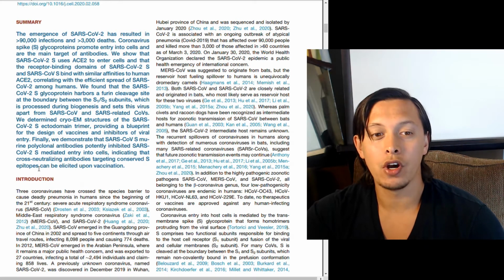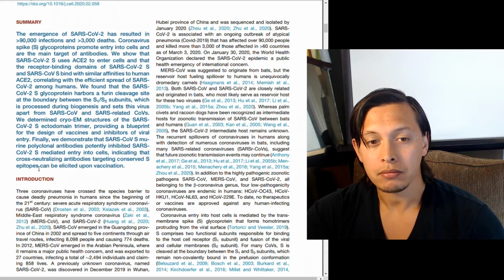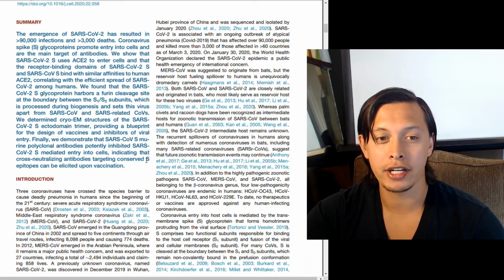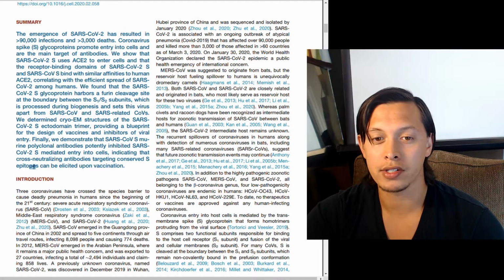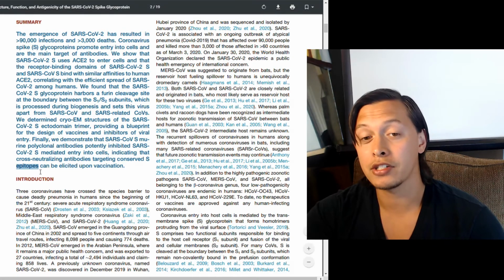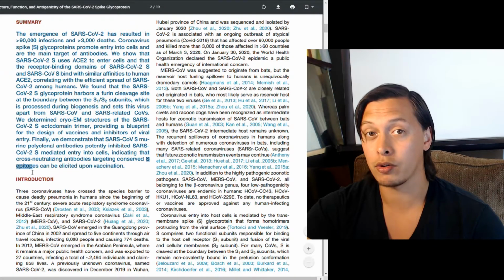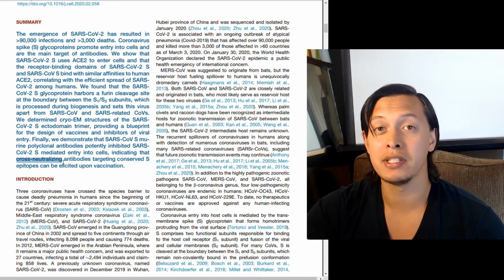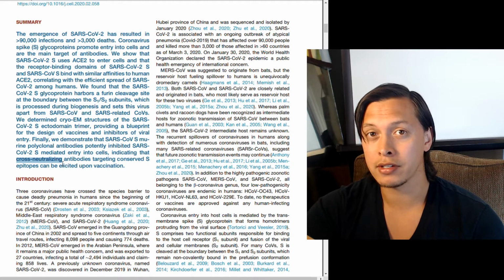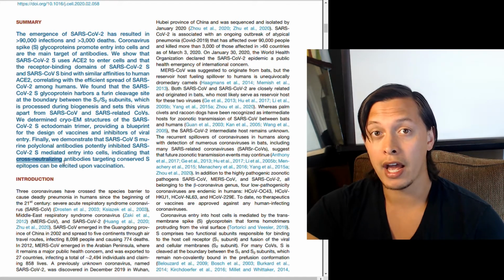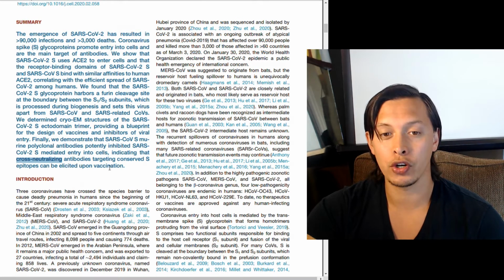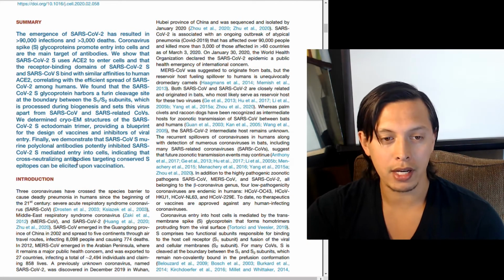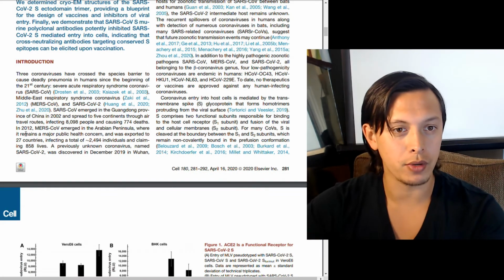And so what we're hoping is we can design antibodies that target the conserved parts of the S protein. And this will not just help us with this coronavirus, but these vaccines would be cross-neutralizing, which means they will help us with different coronaviruses as well that have these conserved S epitopes or these conserved regions. So without further ado, let's get into it.